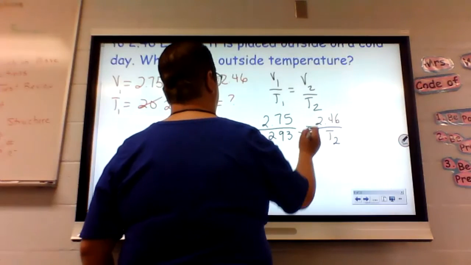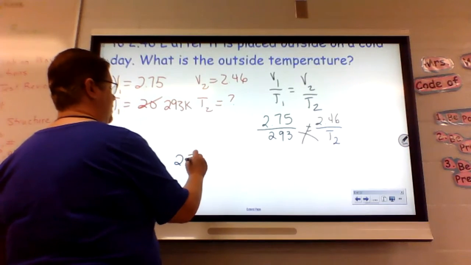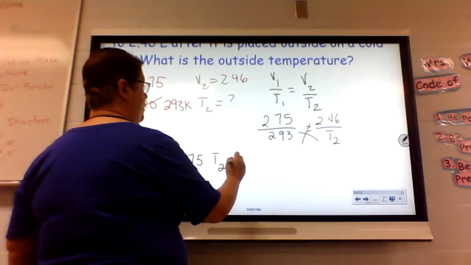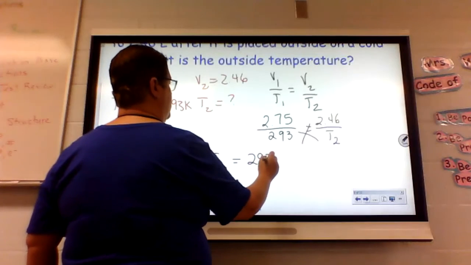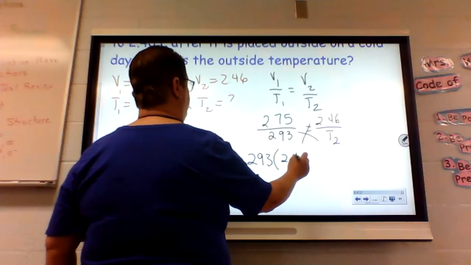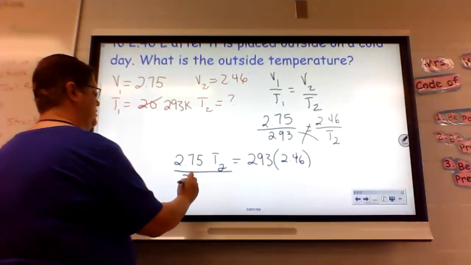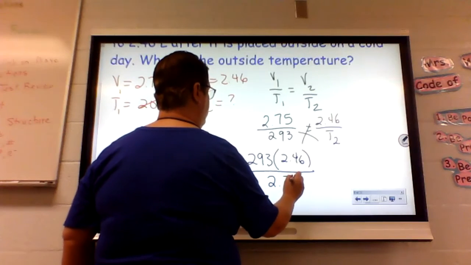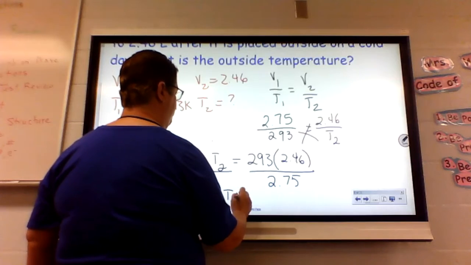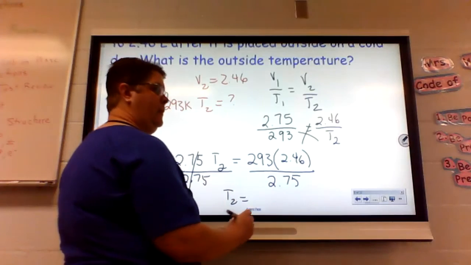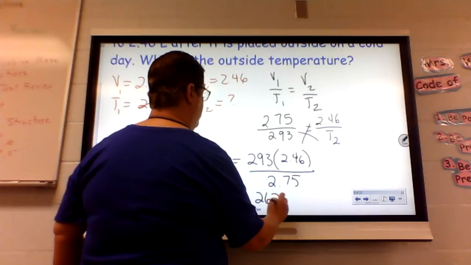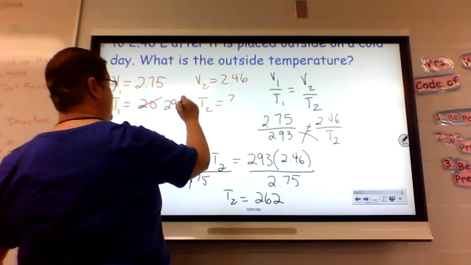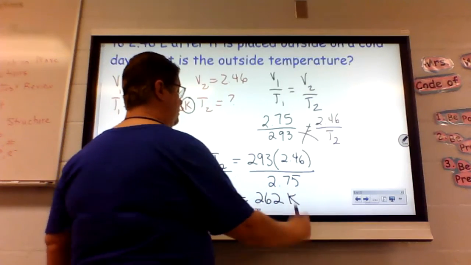Cross multiply. 2.75 times T2 equals 293 times 2.46. Divide both sides by 2.75. T2 is going to be 262. The unit has to match, so this was in Kelvin, so that means that's in Kelvin.